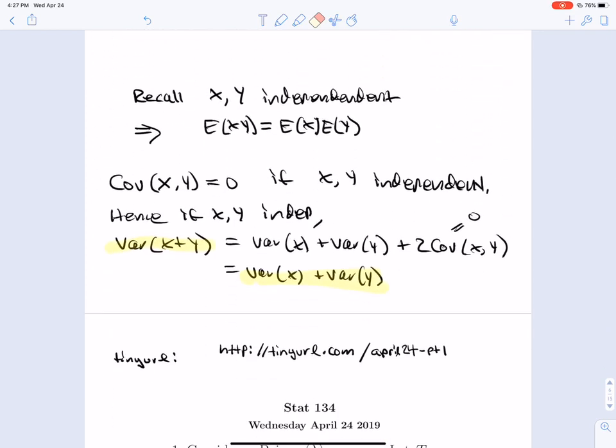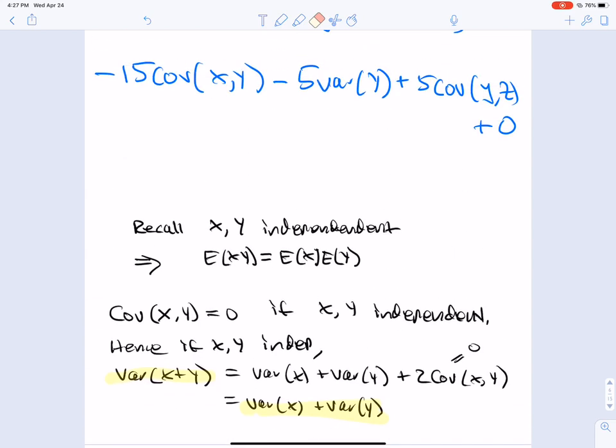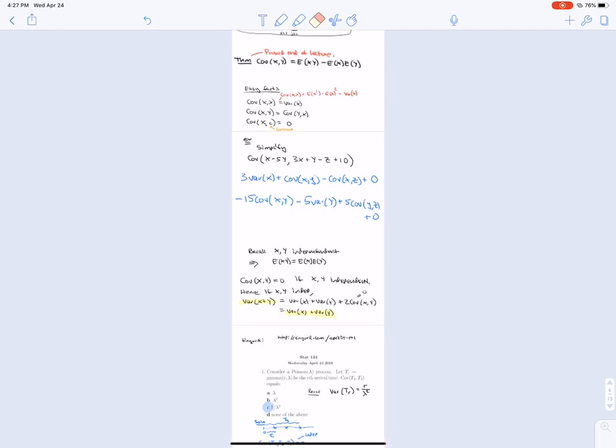So then let's recall that if x, y are independent, expectation of xy is expectation of x expectation of y. So now covariance of xy is that second definition that we had earlier. Let me see if I still have it here.